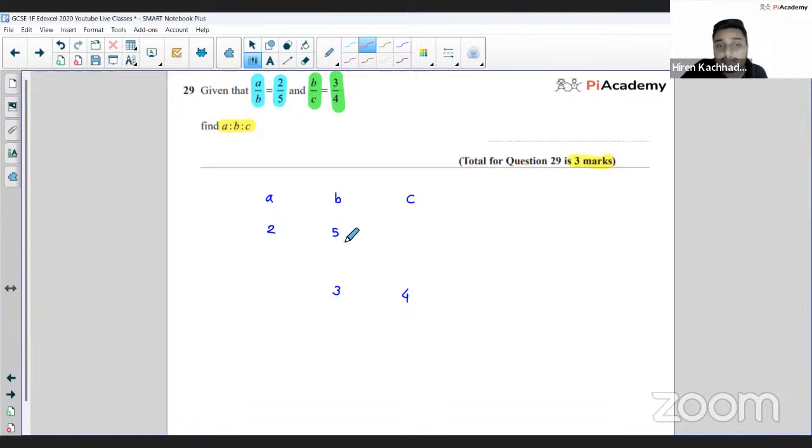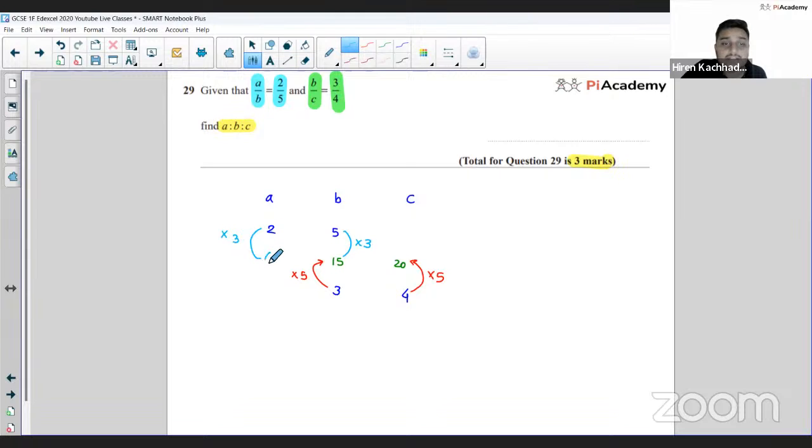So I can see here, what is the LCM of 3 and 5? It's 15, right? So let's convert this into 15 by multiplying by 5. If you multiply on the left hand side, then here also you have to do the same multiplication. So now you have 3 times 5 is 15, okay, and here you have 20. In the same manner, if you want to convert the above, then you also have to perform the same. Here you have to multiply both of them by 3, right?